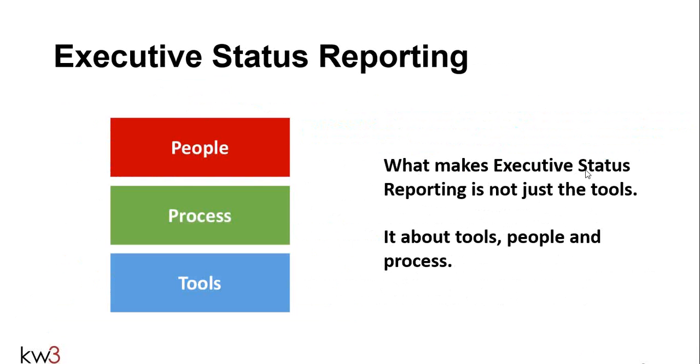And when you put people, process, and tools together, then you really have an effective status reporting process and activity that will be successful. So today, as we cover the 4 strategies for effective executive status reporting, they will touch on one or more of these areas: people, process, or tools.